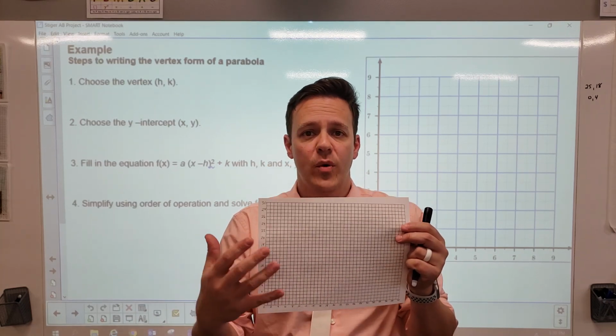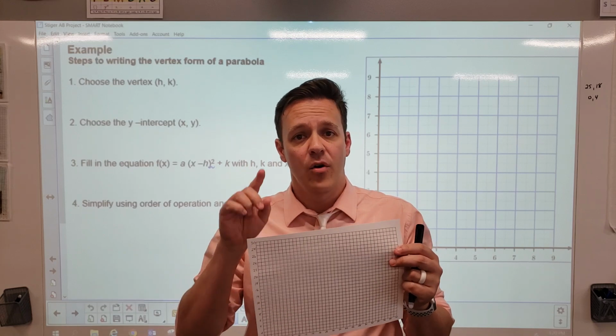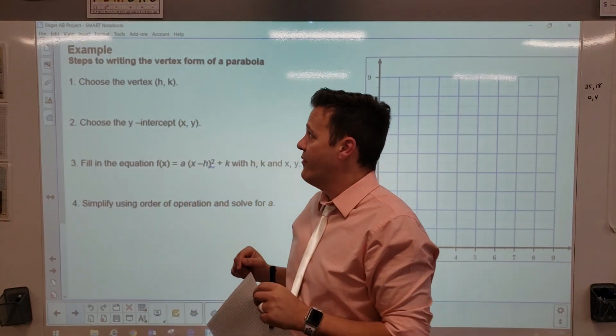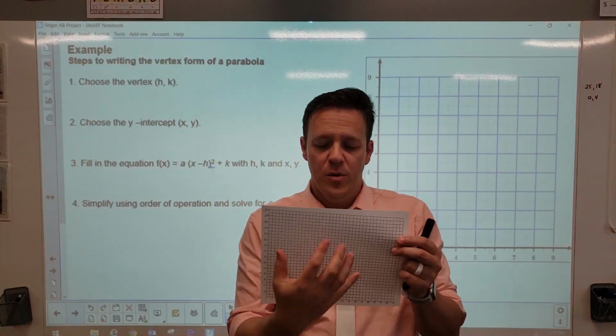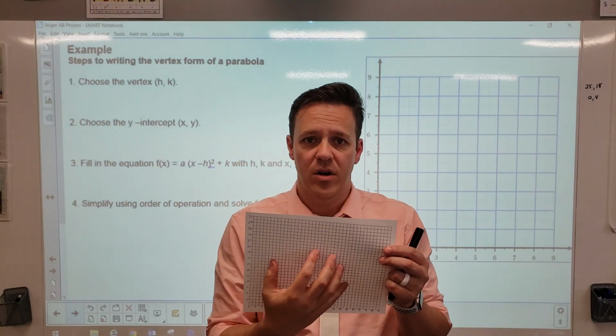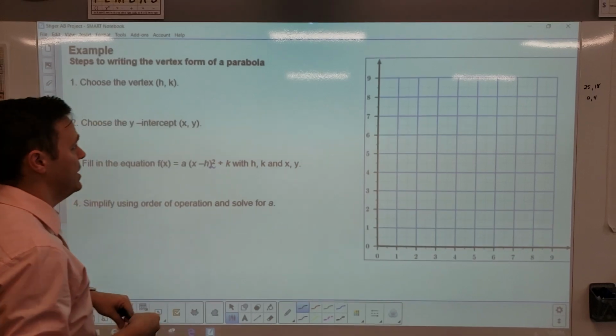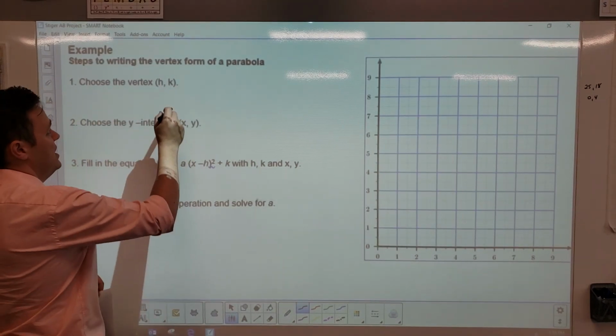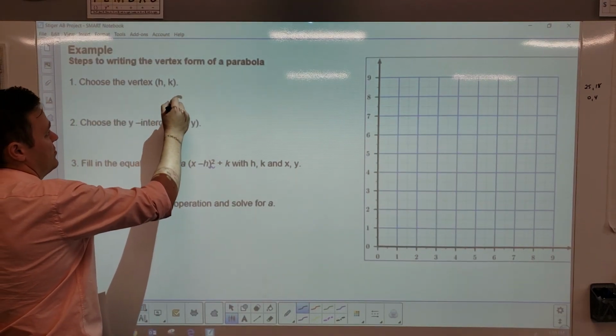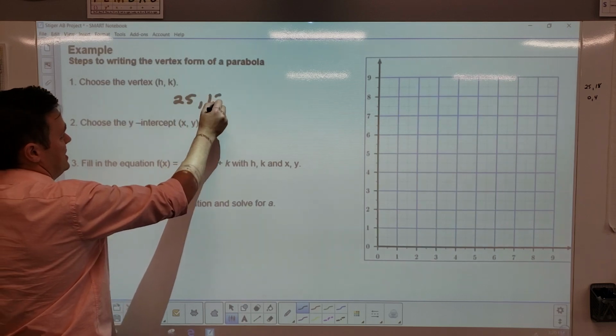Pick 2 random points. The first point needs to be a vertex, so you would pick a vertex somewhere out here in your graphing area. For ease of maintenance, and what I did in class all day, I'm going to pick the vertex of 25, 18.